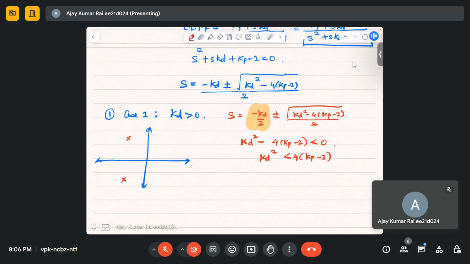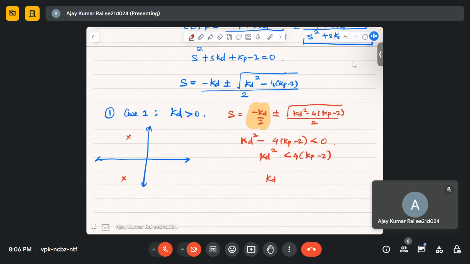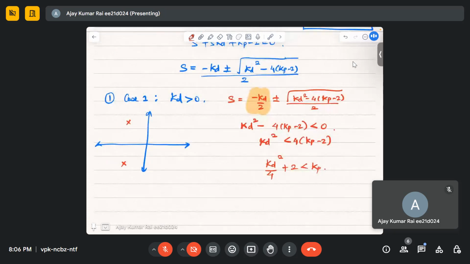If I try to find the value of Kp, I get Kd square by 4 plus 2. This is anyway positive, so Kp is also positive.